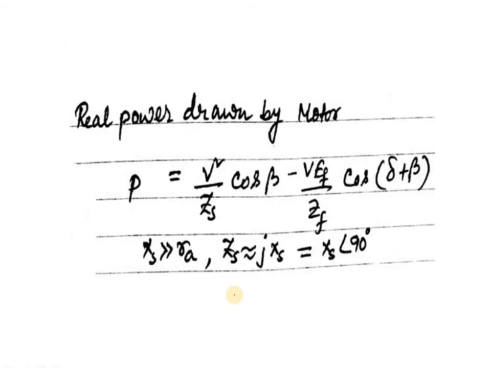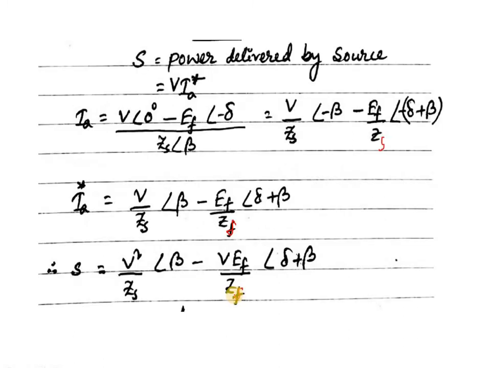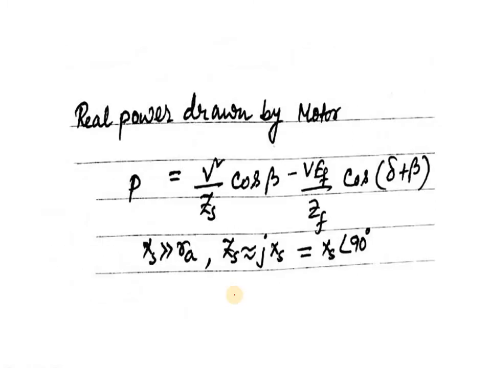Now, the real power drawn by the motor is V square by ZS cos beta minus V EF by ZS cos delta plus beta, where ZS is equivalent to jXS, that is XS angle 90 degree. So in place of that, we have put cos beta, and XS is very much greater than RA.